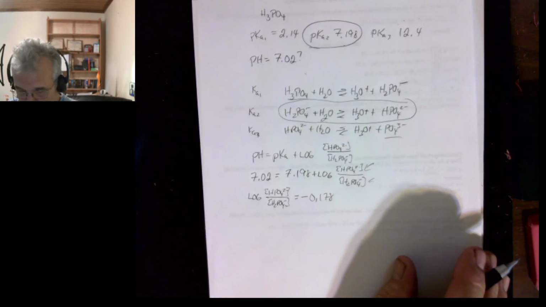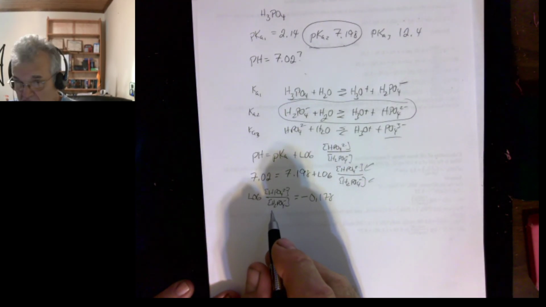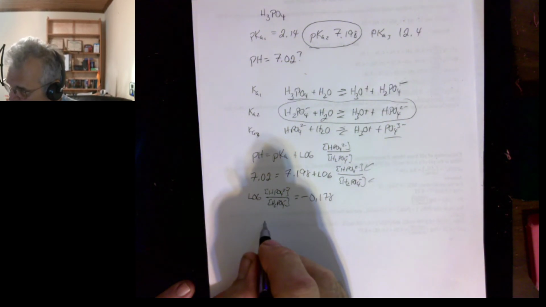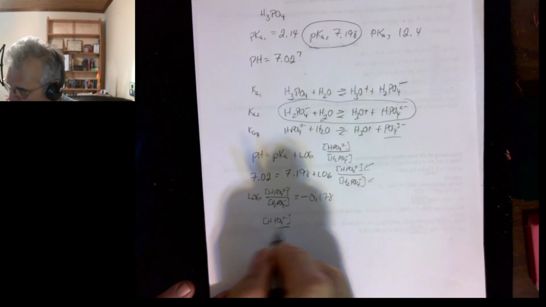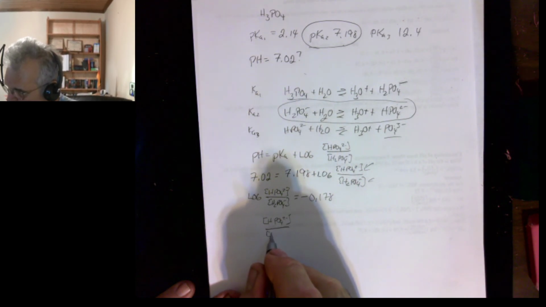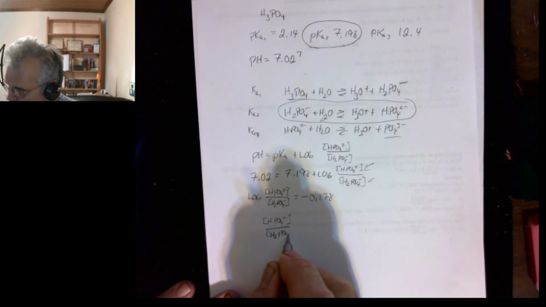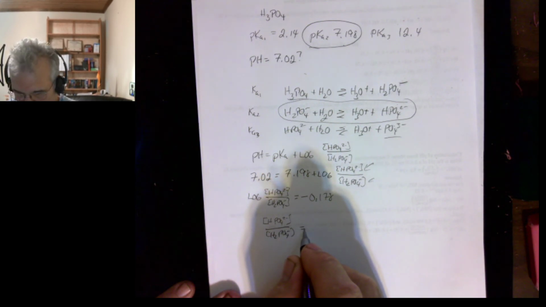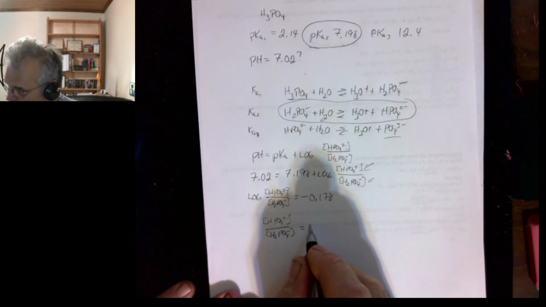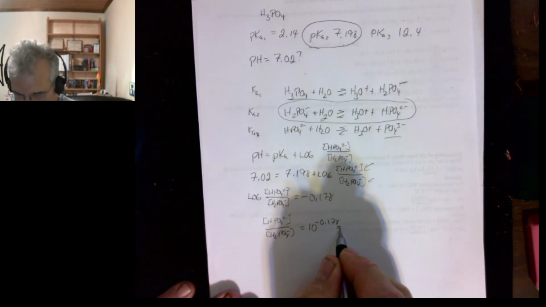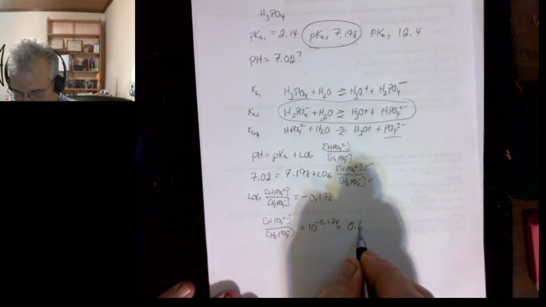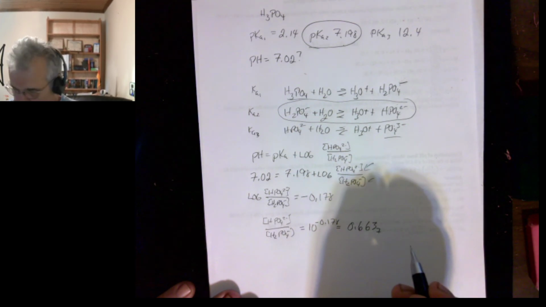To get rid of the log, what do I do? I raise both sides to 10, the anti-log, which is 10 to the. So I raise this side to 10 to the, and I get HPO4 2 minus over H2PO4 minus is equal to 10 to the negative 0.178, which equals 0.6637.